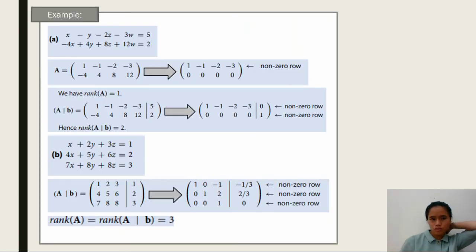So this is an example. We make it to the echelon form. So we get the non-zero rows.